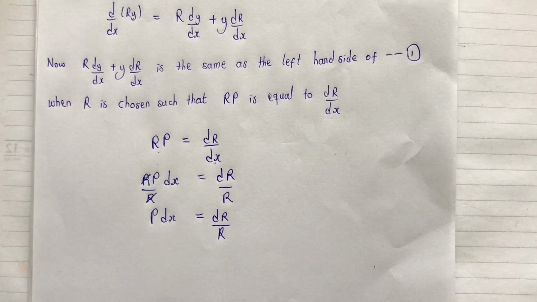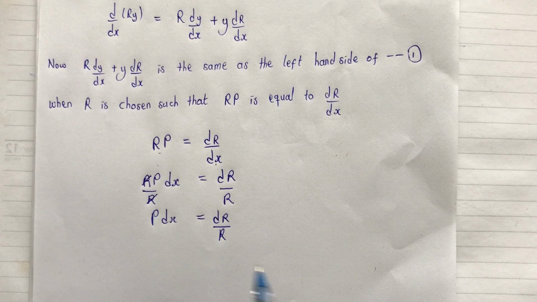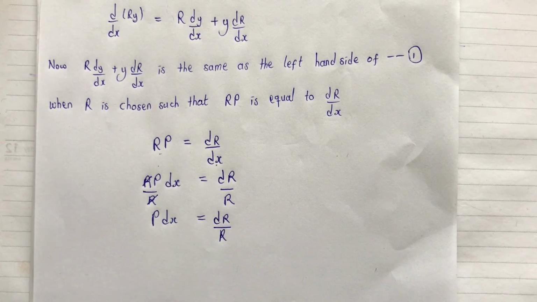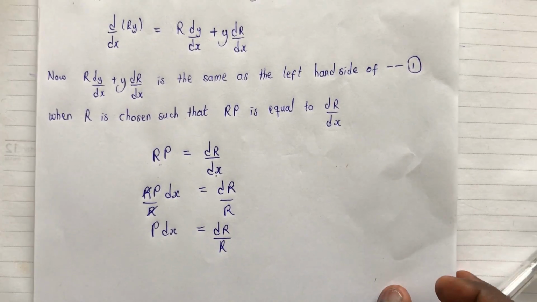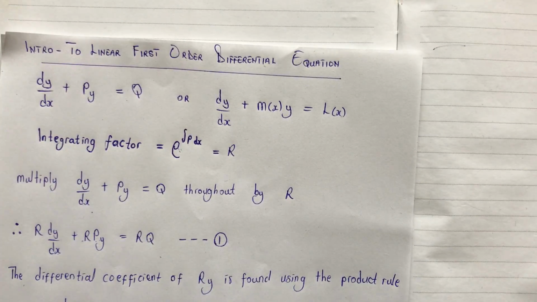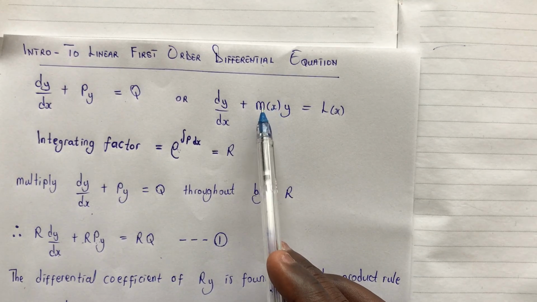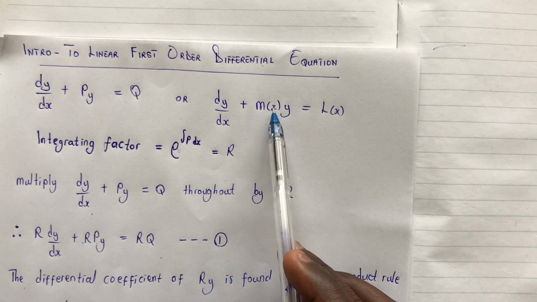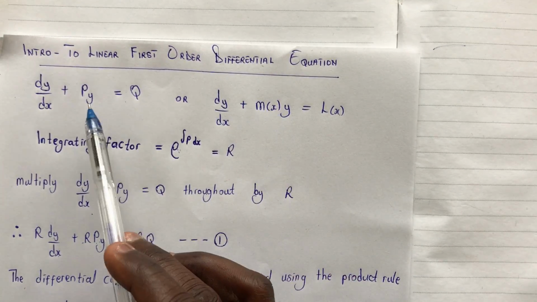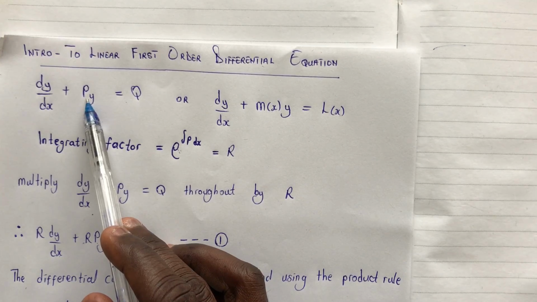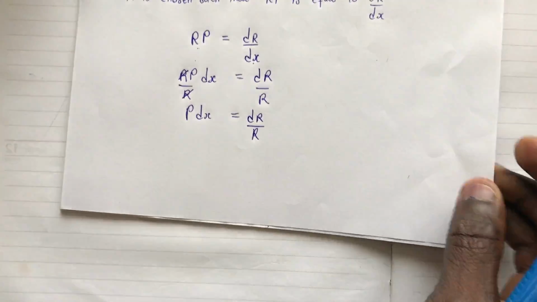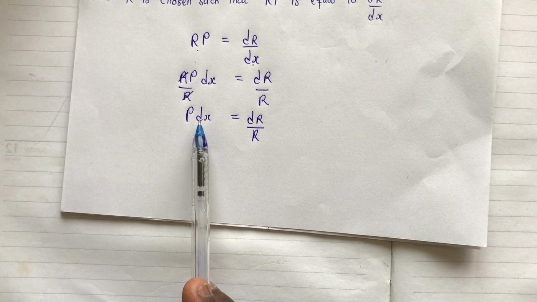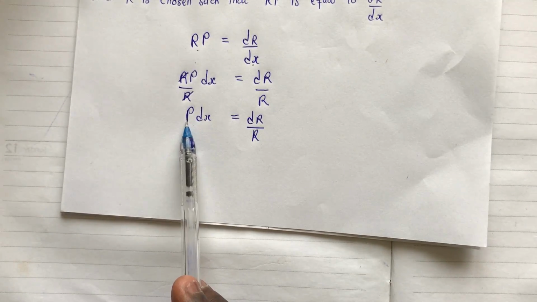Now, P here is a function, and remember that in the beginning, I told you that P is a function in terms of the variable x. I am using P. Now, let's come back here. And I told you that I can also use something like M in terms of the variable what? X. So here we are having P in terms of the variable x. So if I separate variables, I have to separate them such that the x will be attached to what?